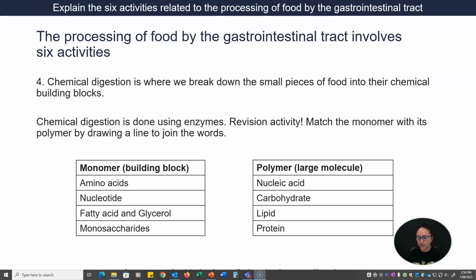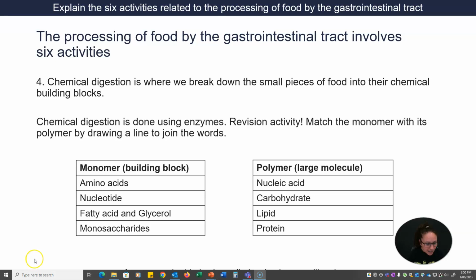Mechanical digestion is breaking big pieces of food into smaller pieces of food, but processing food also involves a different kind of digestion, and that is called chemical digestion. Chemical digestion is breaking down the small pieces of food into their chemical building blocks, okay? And this is done by using enzymes, okay? So what I want you to do is go back to your 165 notes and match these words.